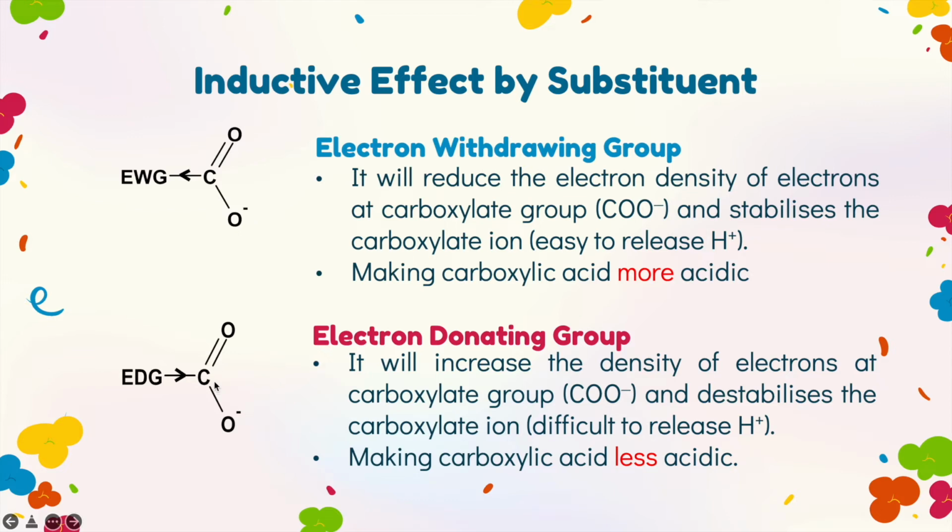More electrons here make the OH bond stronger. When the OH bond is stronger, it's difficult to release the H+. So the carboxylic acid with an electron donating group is less acidic.